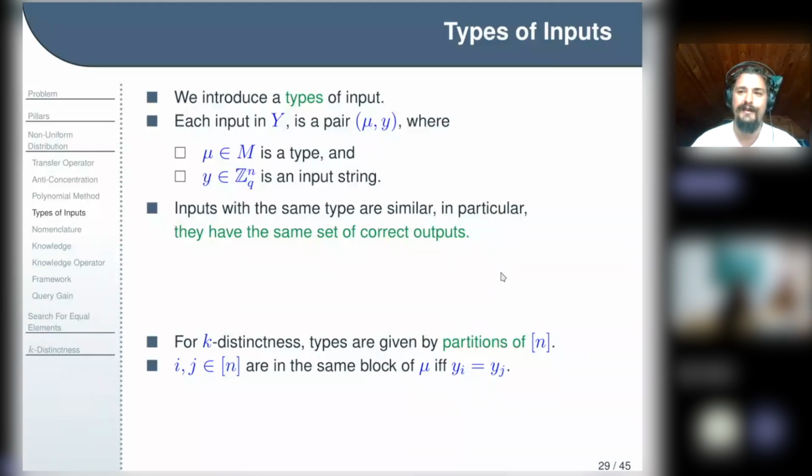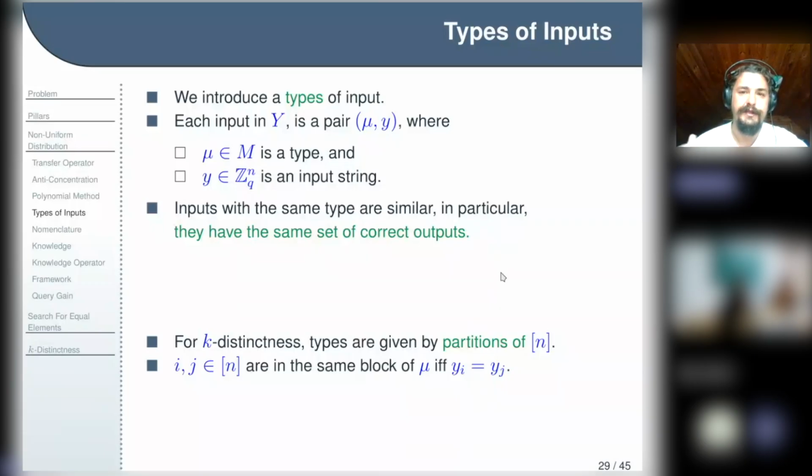The function has the same value on each coset, but different values between different cosets. For k-distinctness, you can think in the same way. The input is given by a partition. What we're interested in is which elements are equal and which elements are distinct. You don't really care about the particular values. That's why you get these partitions, and the output also depends only on this partition.